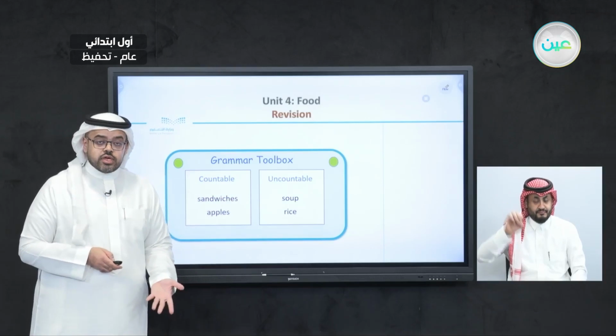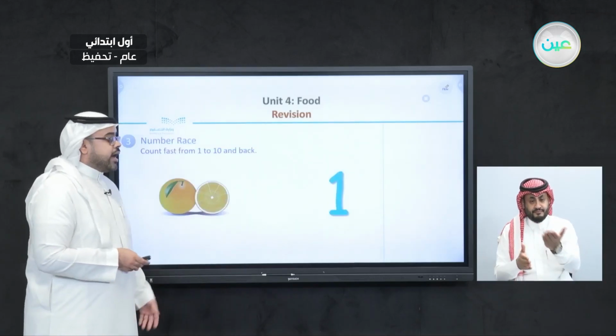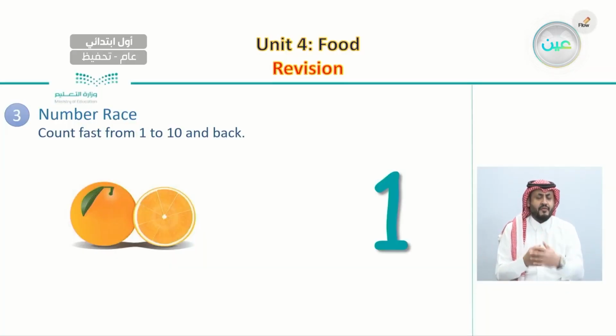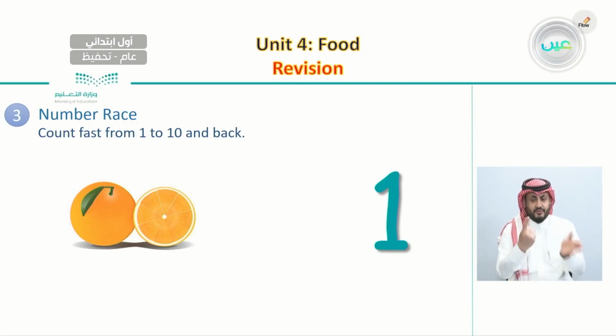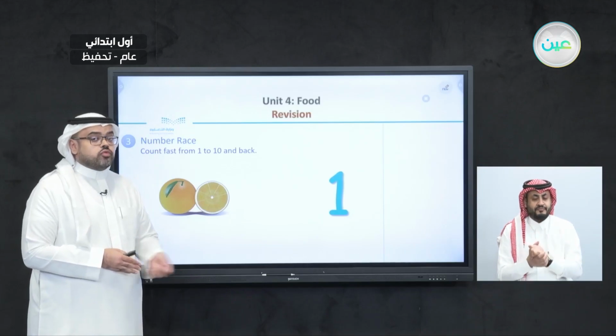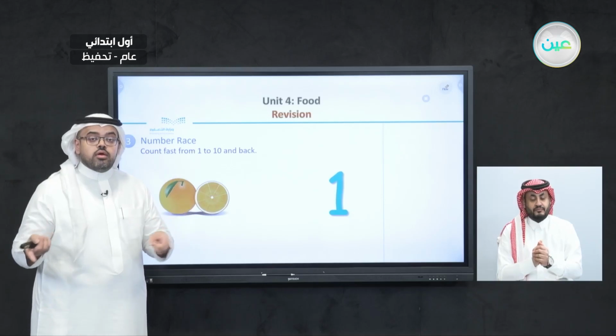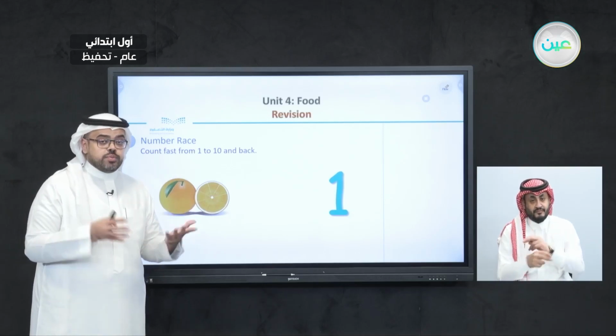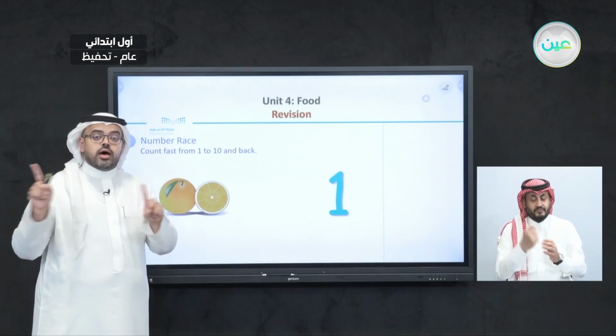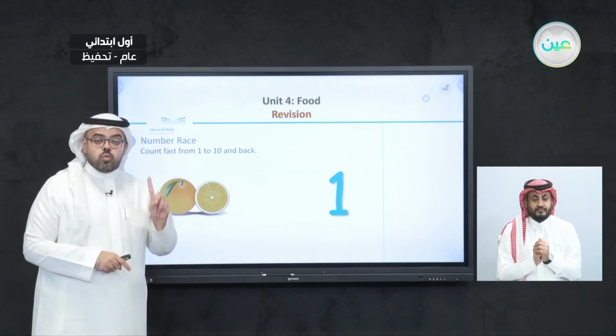After this, we also learned how to count from 1 to 10. If you remember this exercise, count fast from 1 to 10 and back. We counted from number 1 up to number 10, and also we counted back from number 10 up to number 1.